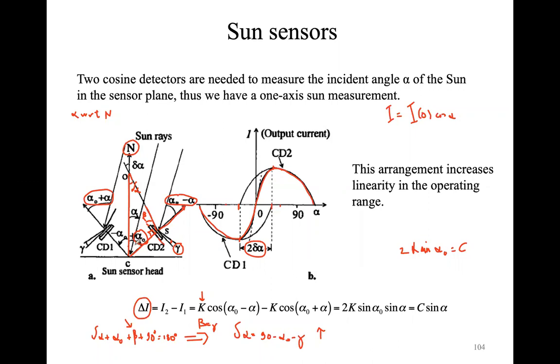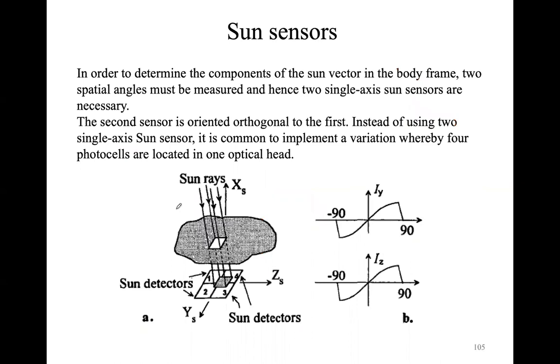So what you can do is use an additional sun sensor with a double sensor, the successor photocell, in order to determine the inclination of the sun with respect to a specific plane. So not only alpha, but also another angle that gives you all the information about the direction of the sun with respect to the optical bench frame.